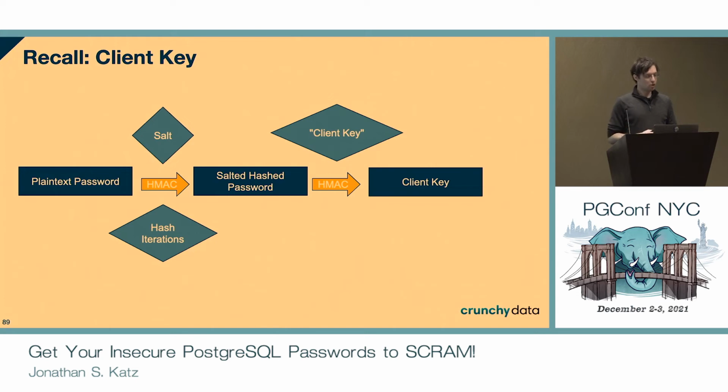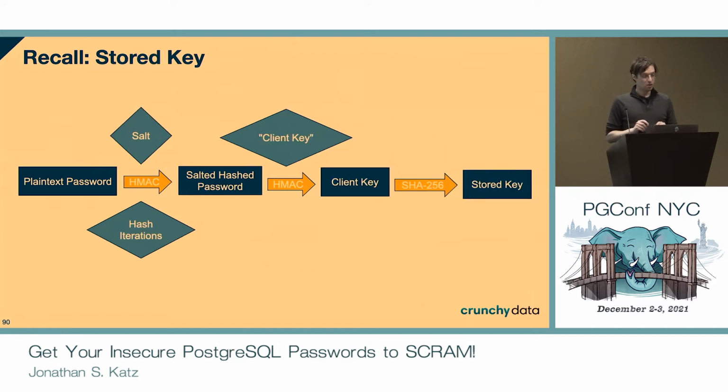Before we proceed, recall we generated something called a client key before. The client key was an HMAC on a message of the literal string "Client Key", exactly like that, with the salted hash password. And recall that the stored key that we ultimately saved in Postgres was a SHA-256 sum of that client key.